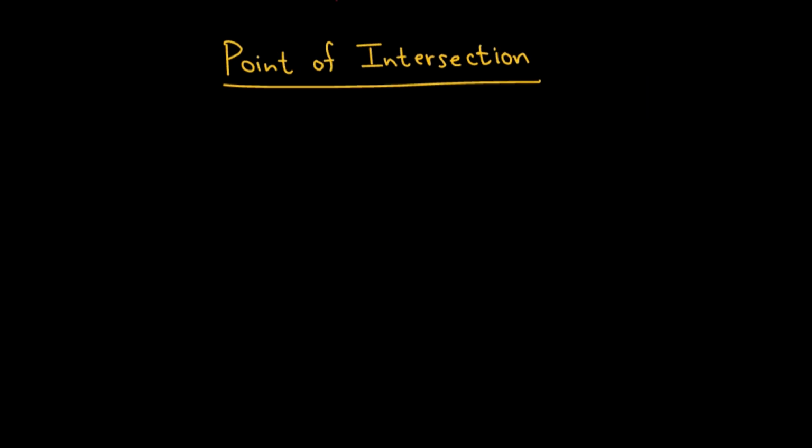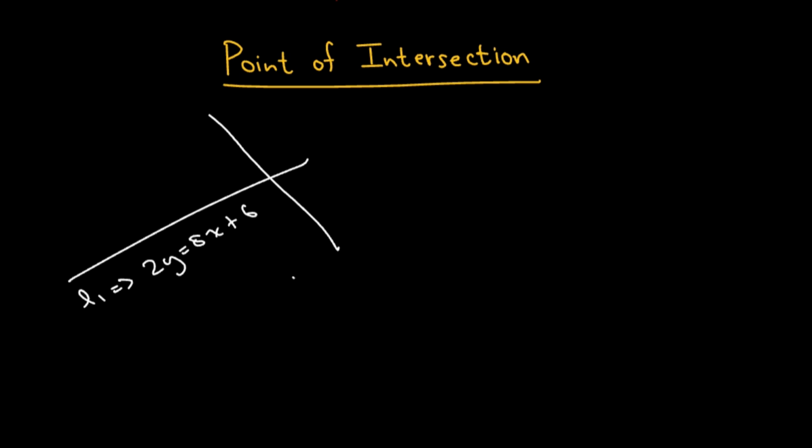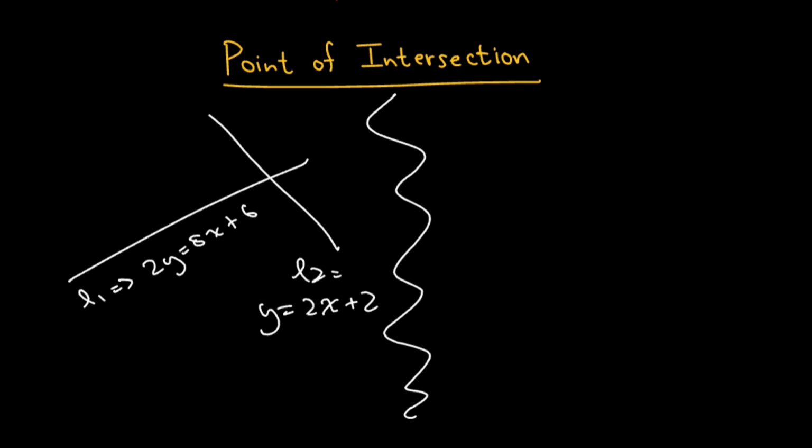Now, let's have another example. You have a line segment L1 having the equation 2y equals 8x plus 6, and another line segment L2 having the equation y equals 2x plus 2. You need to find the point of intersection of the two line segments.